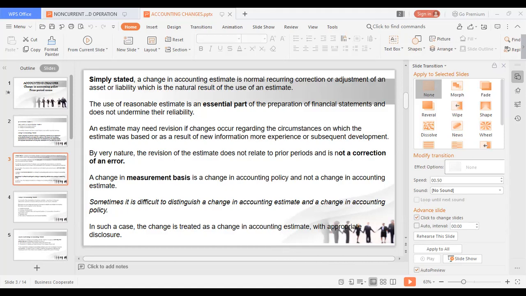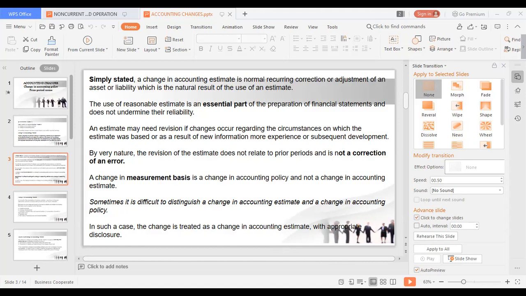3,072,000. Still, we deduct the residual value of 200,000. So the difference of 2,872,000, we divide it by 8 years.